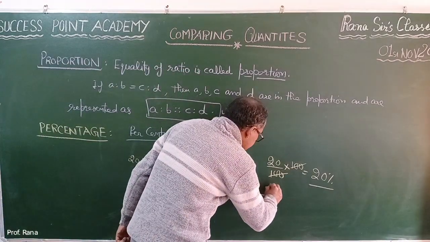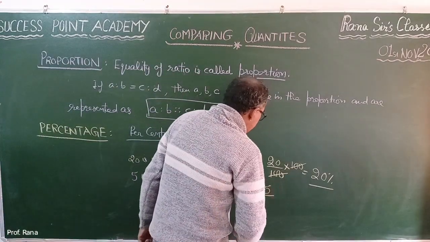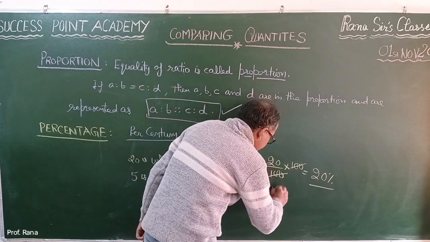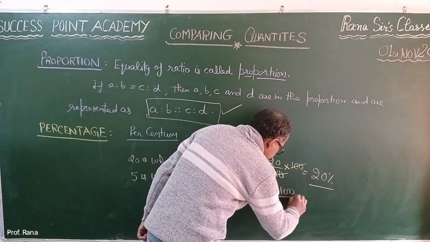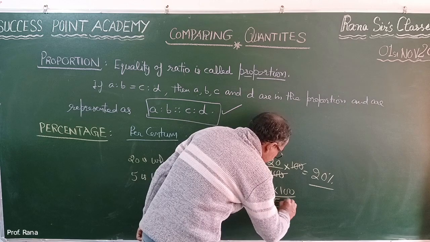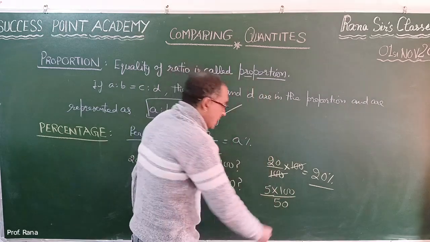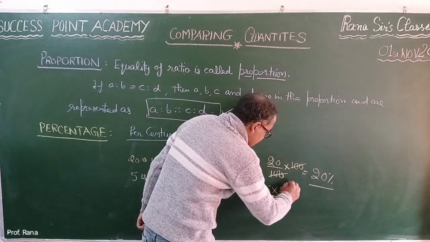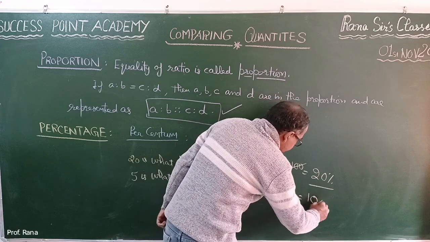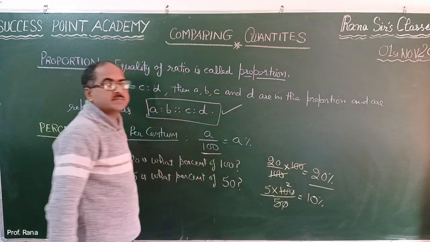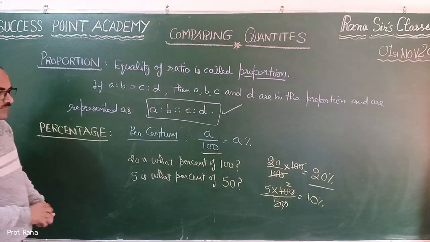So how will it be done? 5 into 100 upon 50, and in this way 5 twos are 10, it is 10%. And you can verify these things.